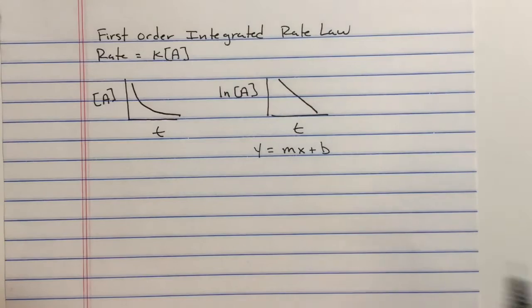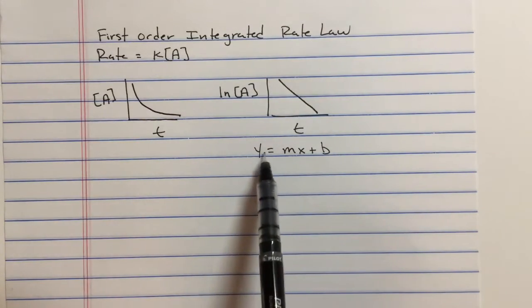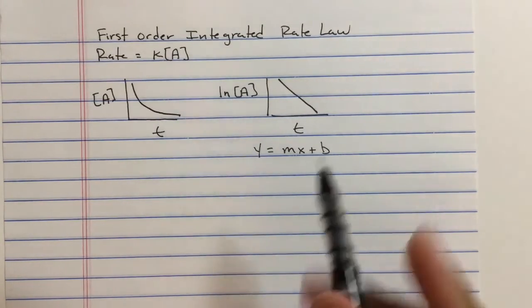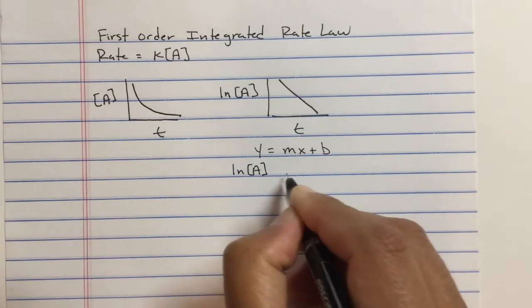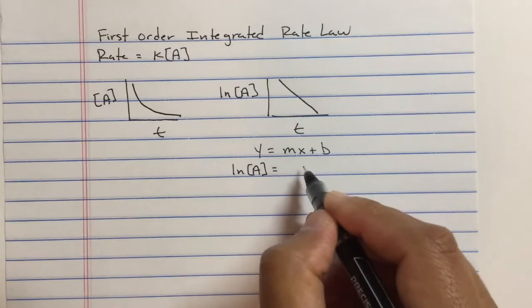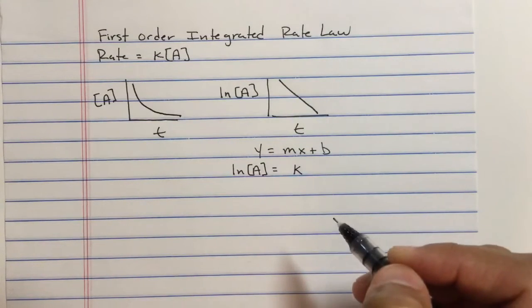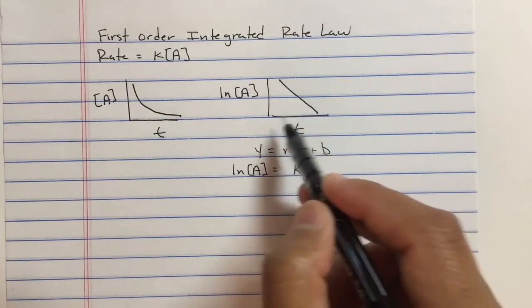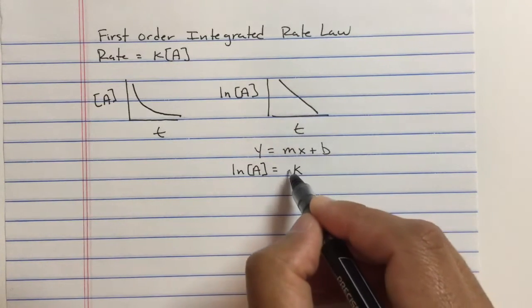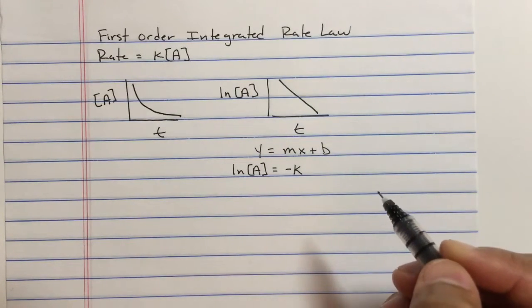And so we can get our integrated rate law by using this equation. Y is going to be our ln of A. M is the rate constant. Because the line is going down, left to right, we'll put a negative sign.